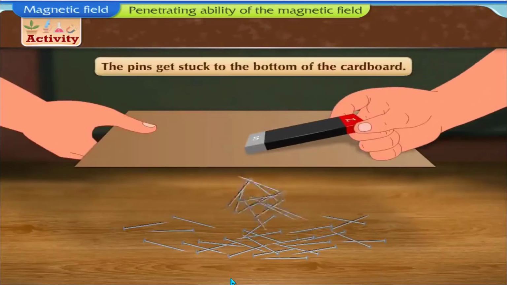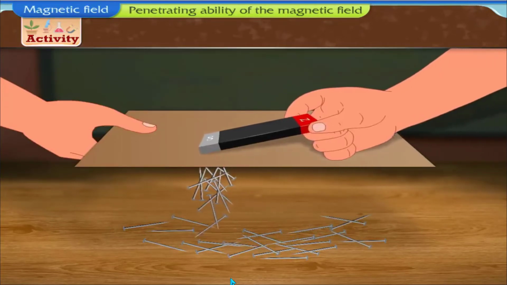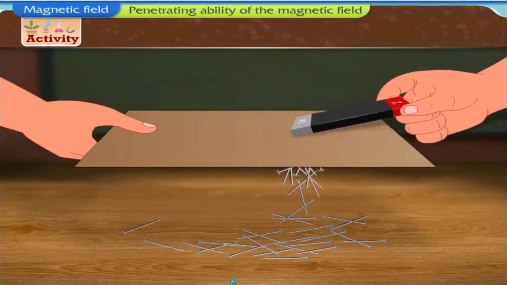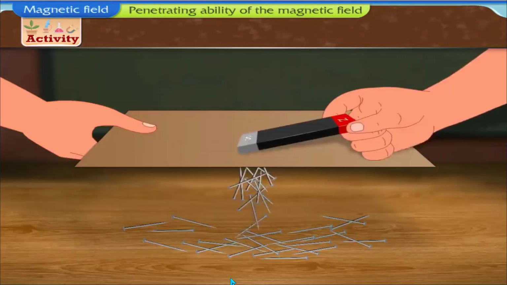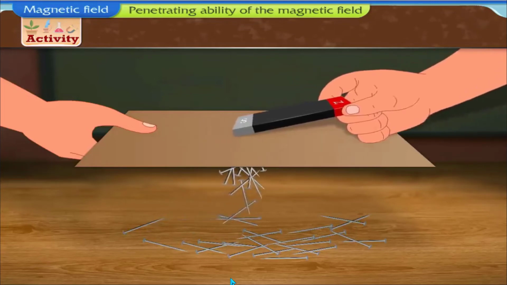We observe that the pins get stuck to the bottom of the cardboard. Let us now move the magnet slowly over the cardboard. As we move the magnet, the pins stuck to the cardboard also move.